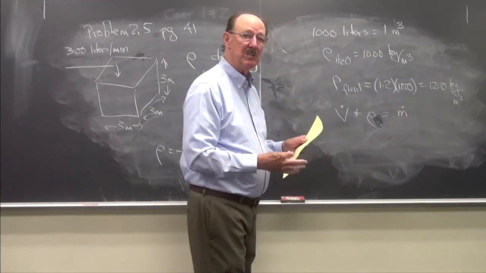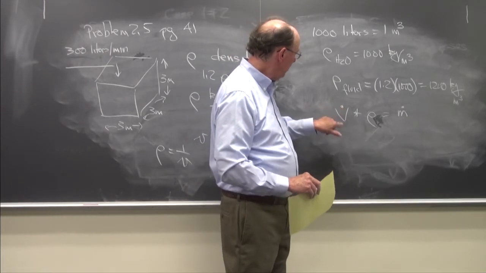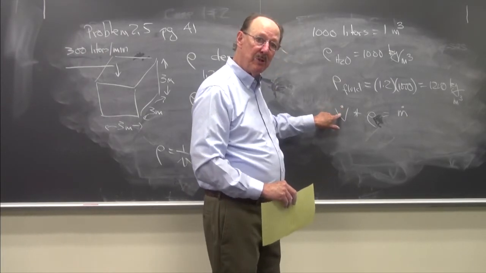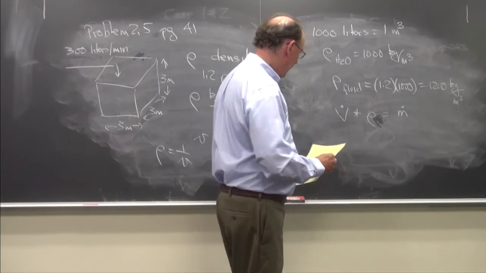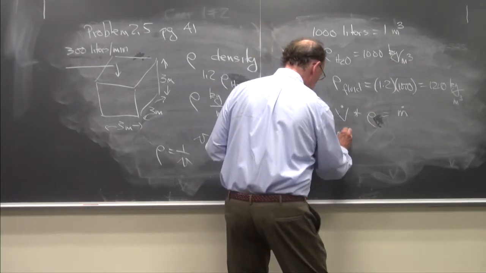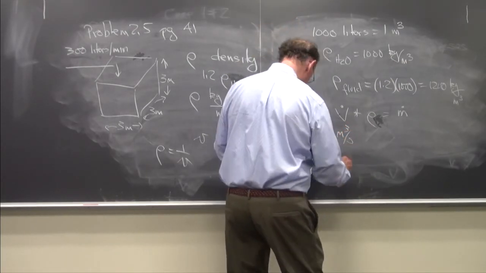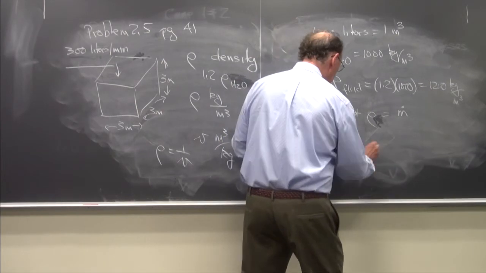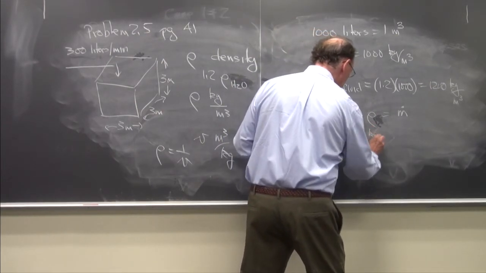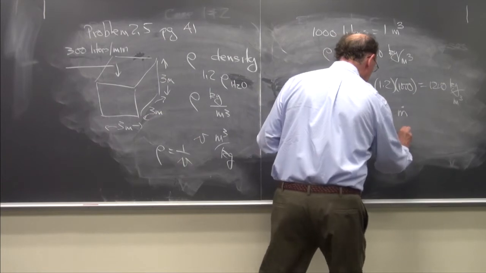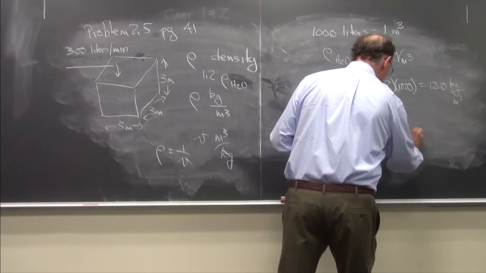So notice that we use the dot over the symbol. The dot over volume means per unit time. So if I look at this as cubic meters per second, and this is kilograms per cubic meter, I will end up with kilograms per second.